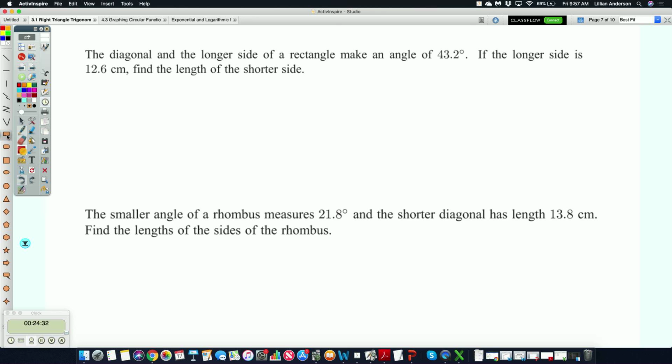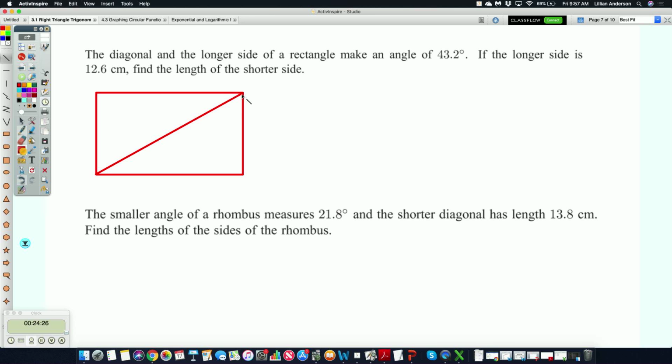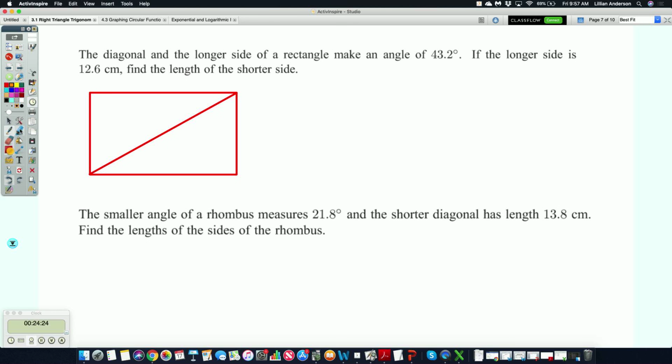I need a rectangle. So I have my rectangle. I need to draw in a diagonal. And it says the diagonal and the longer side of the rectangle make a 43.2 degree angle. Where am I going to put 43.2? Would it go here? No, that's the right angle.